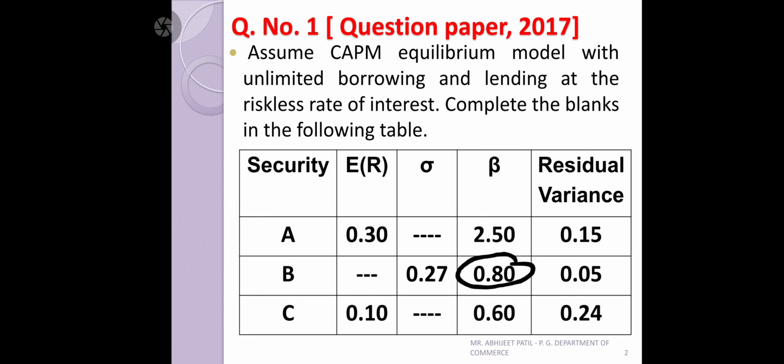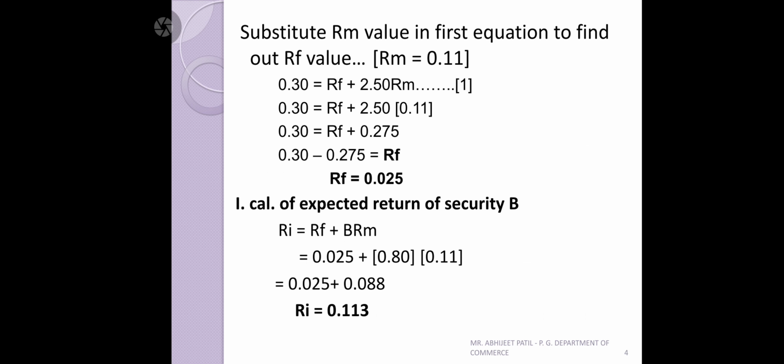We cannot use it for A and C. So using the 0.8 beta of security B, and RM we calculated as 0.11, we multiply and get 0.088, plus 0.025.